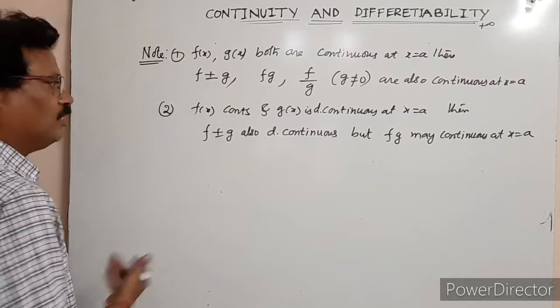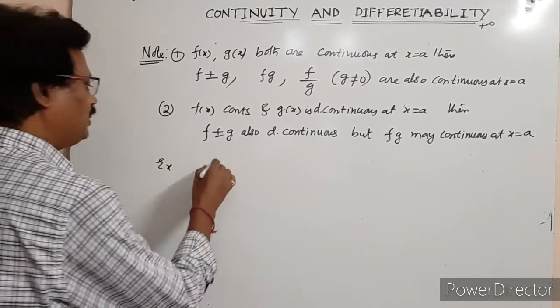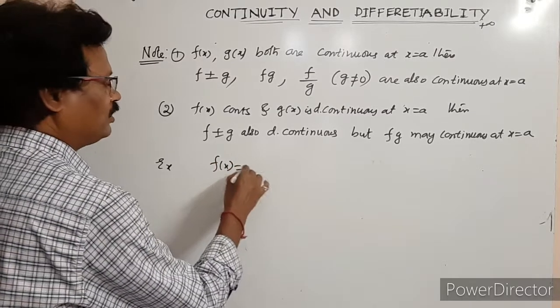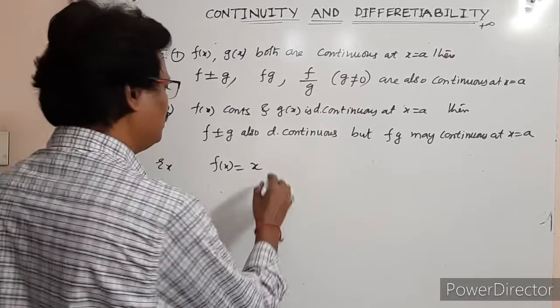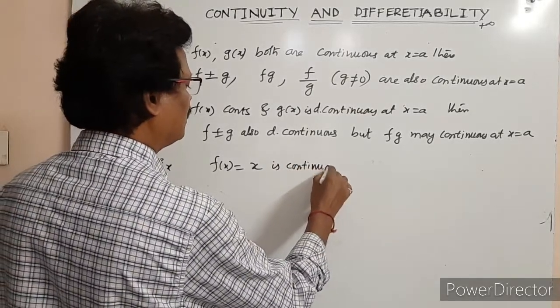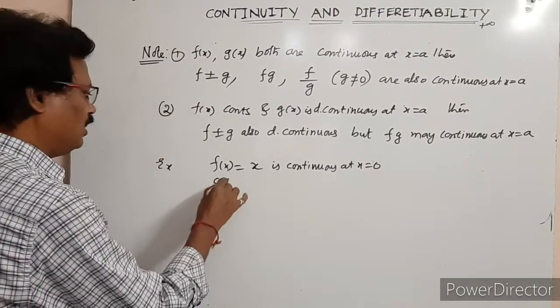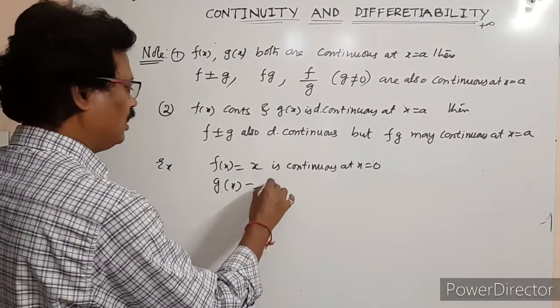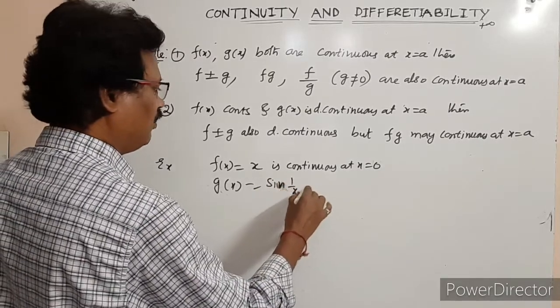Let us see one example. I am taking f(x) equal to x. This is continuous at x equal to 0. And I am taking g(x) equal to sine 1 by x.